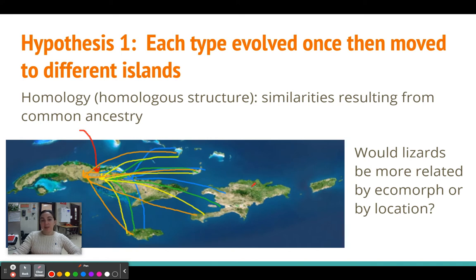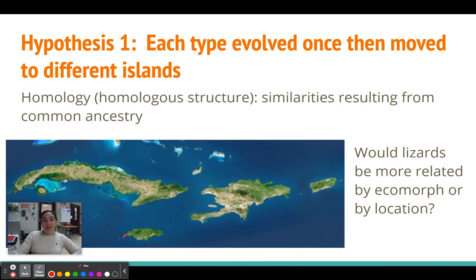And in this case, when we look at all of the lizards on one island, they're not that closely related to each other. They are most closely related, like this blue lizard right here would actually be most closely genetically related to the lizard of similar body type on different islands. So we would say that those lizards would be more likely to be related according to their ecomorph, not their location.